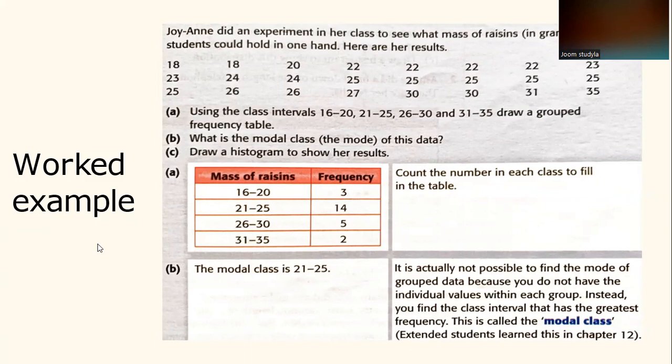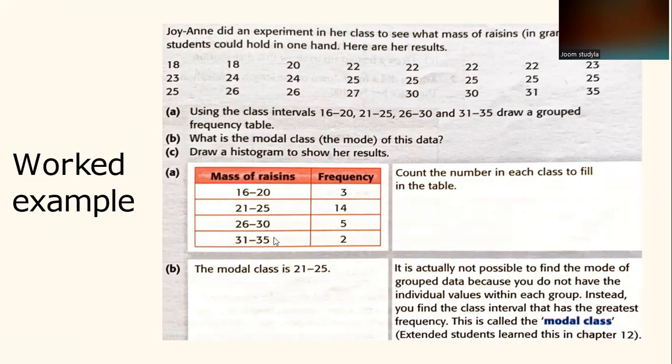So question A, using the class intervals 16 to 20, 21 to 25, 26 to 30, and 31 to 35, draw a group frequency table.